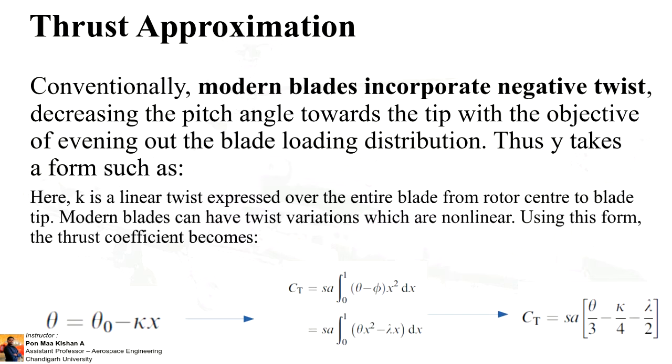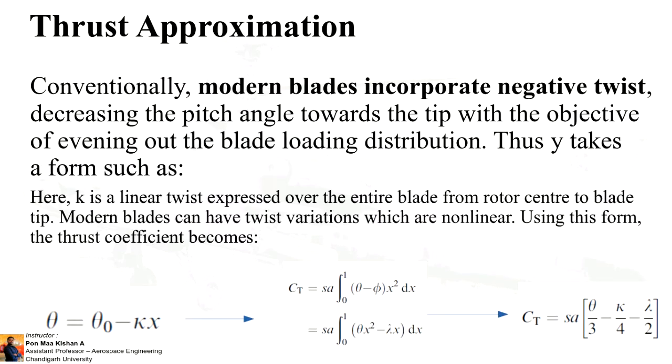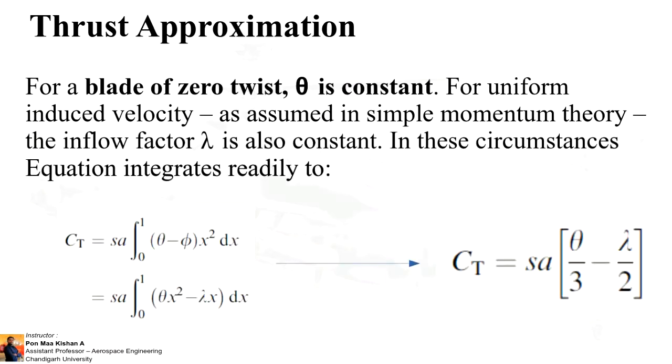So substitute theta in that equation. When x is multiplied inside, we will get the same type of integration, and then we will get theta by 3 minus k by 4 minus lambda by 2. Let's compare the coefficient of thrust with no twist and with twist. A factor is included, that is the linear twist.